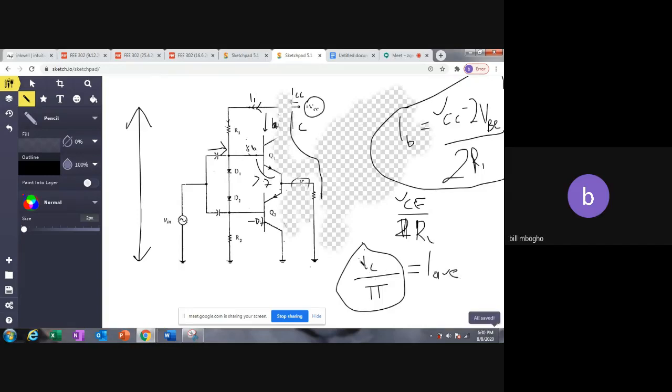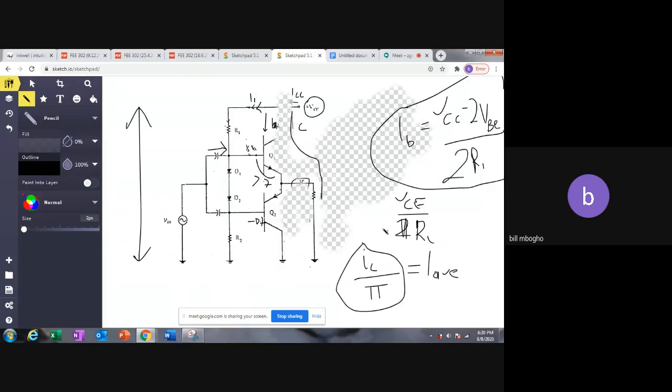So this is how we get the two currents, the biasing current and the average current. These are the two equations you just need to keep. They help a lot if you know them offhand.